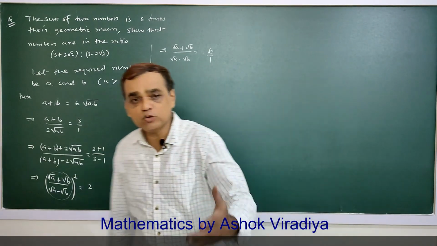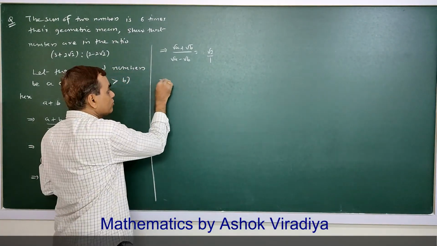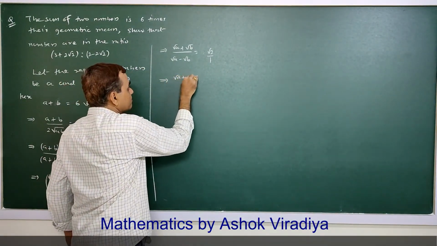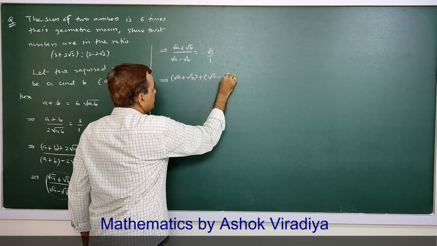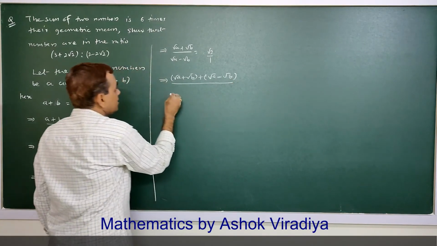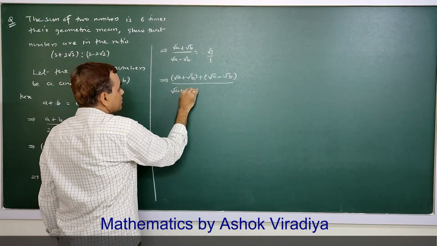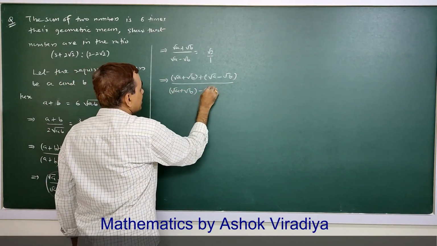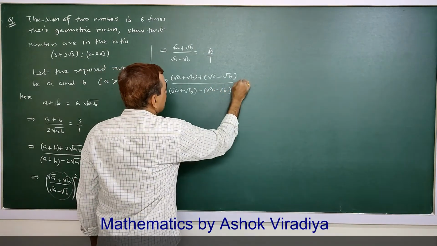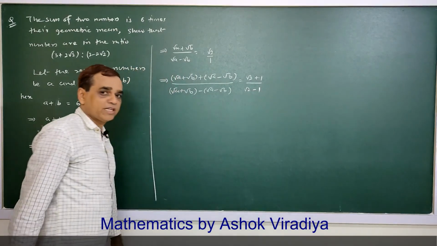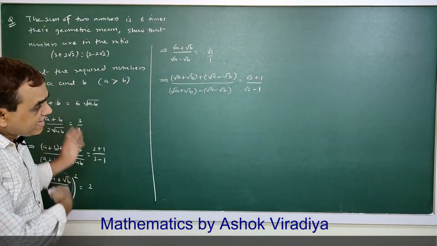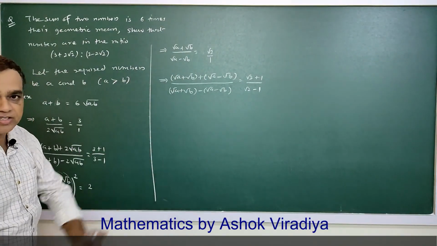Now once again using the rule of componendo and dividendo, numerator plus denominator upon numerator minus denominator. Whatever you do on the left side, exactly similarly you do on the right hand side.